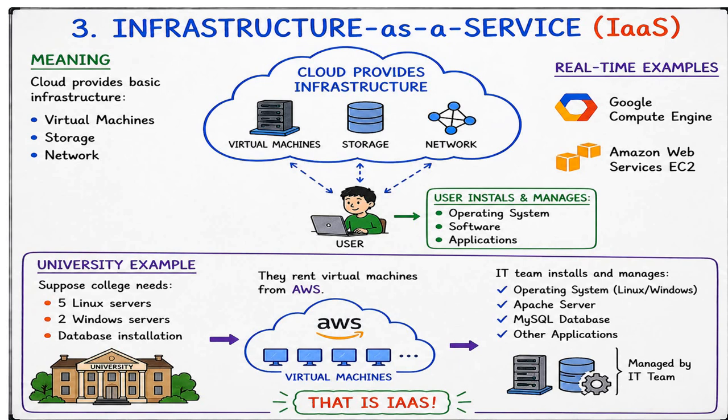So infrastructure as a service is a cloud computing model where the cloud provider offers virtualized infrastructure like server, storage, and networking, while the customer manages the operating system, applications, and software running on that infrastructure. So it provides the scalability, flexibility, cost savings, and faster deployment compared to traditional on-premises infrastructure.